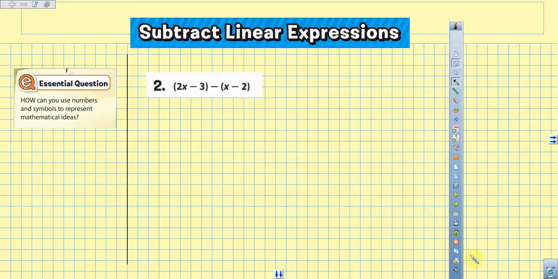Okay, let's look at another one. Same idea here. We're going to do this one a little bit different. We're going to think of this as adding the opposite. So we're going to take our negative, and then we have our quantity x minus 2.